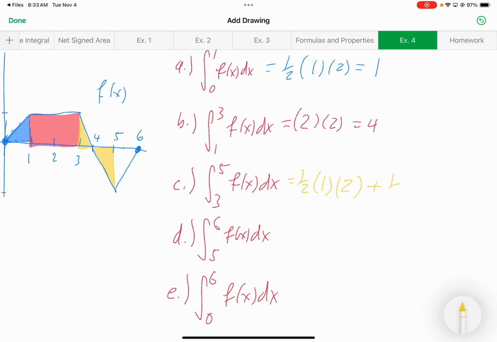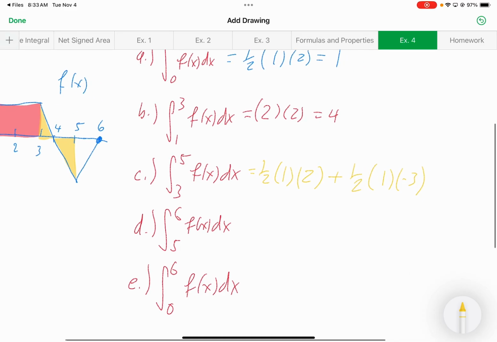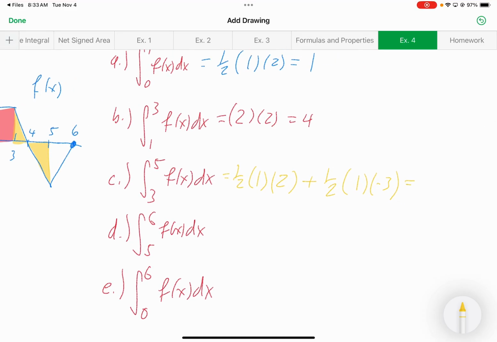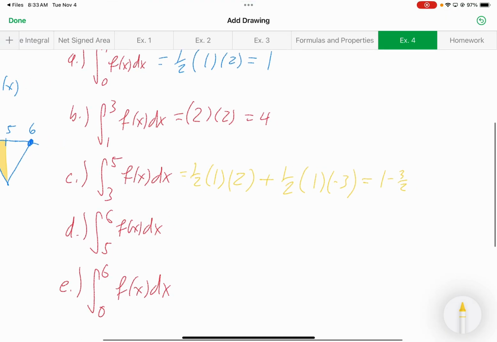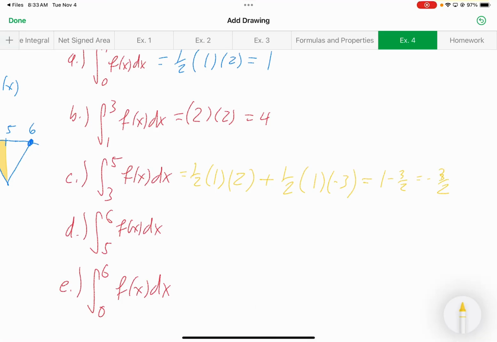Plus my second area is going to be 1/2 a base of 1 again times a height of -3. So it gives me 1 minus 3 over 2. So -3 over 2. Or no, -1/2, my bad.